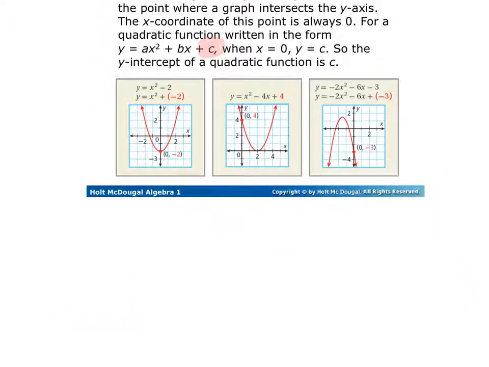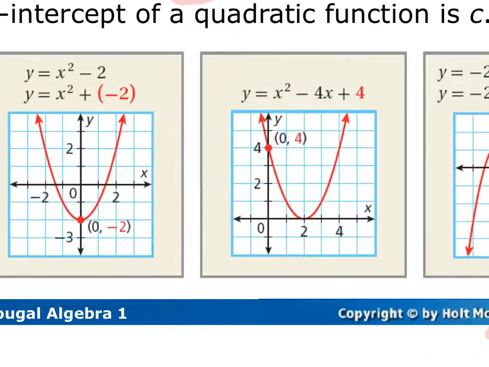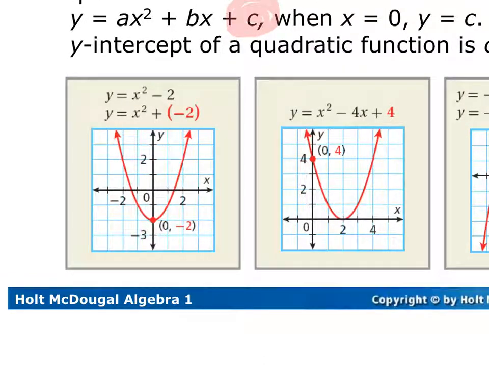So if I were to write an equation here, notice this one right here. I have the equation y equals negative 2x squared minus 6x minus 3. Notice the very last term, my c term, is my y-intercept. Notice that my graph is hitting the y-axis right here at negative 3. Notice in the middle box, the very last term in my equation is plus 4, so that is my y-intercept.